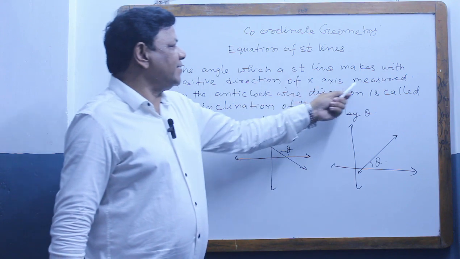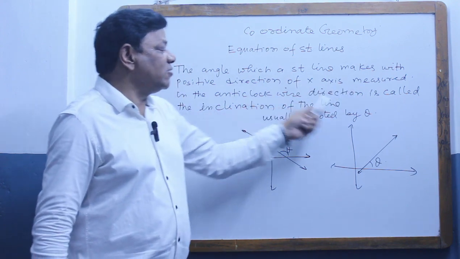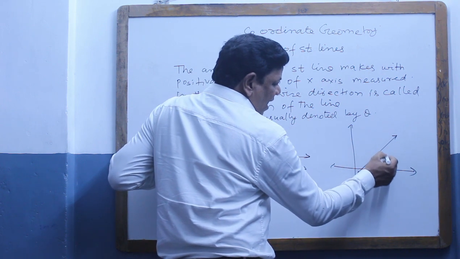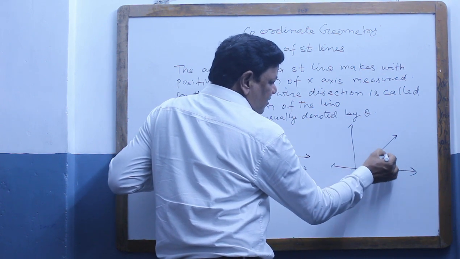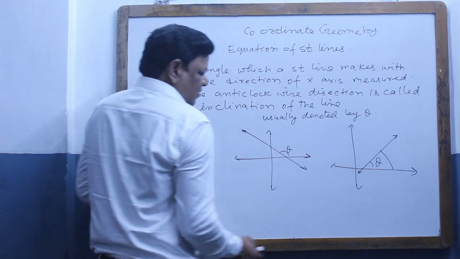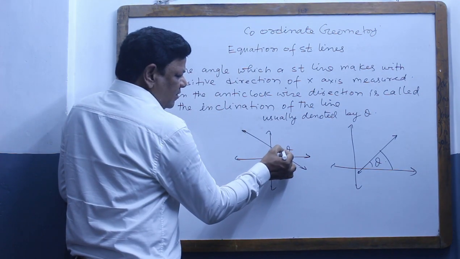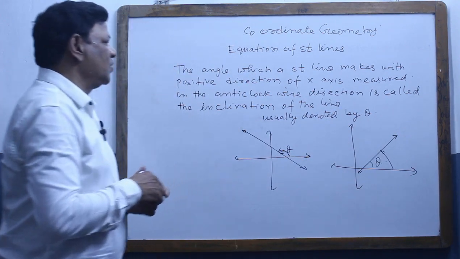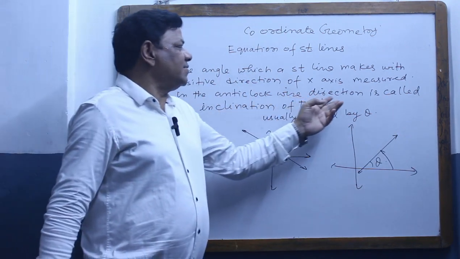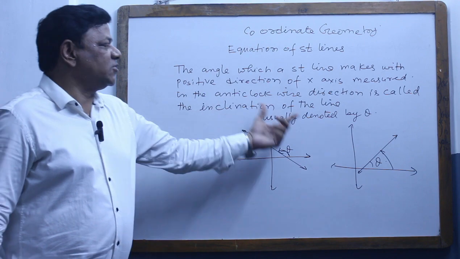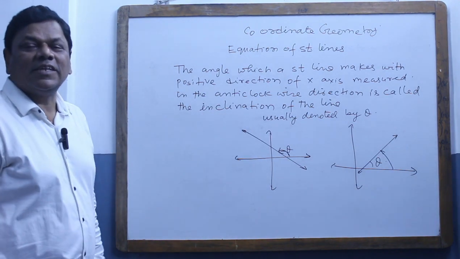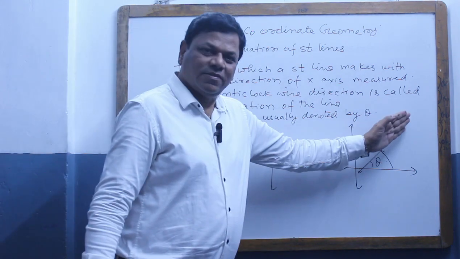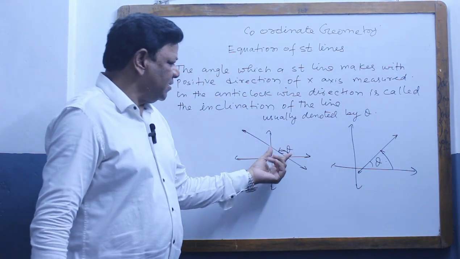The angle with the positive direction of x axis measured in the anti-clockwise direction, this angle, is called the inclination of the line. The line is not straight, it bends. So this angle is the inclination.